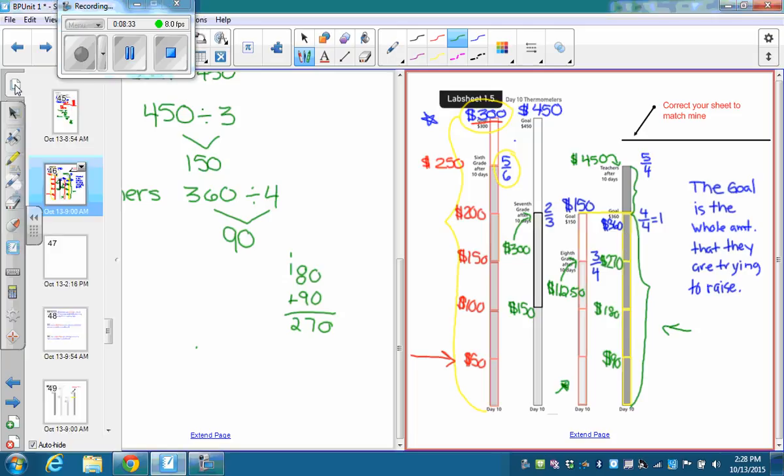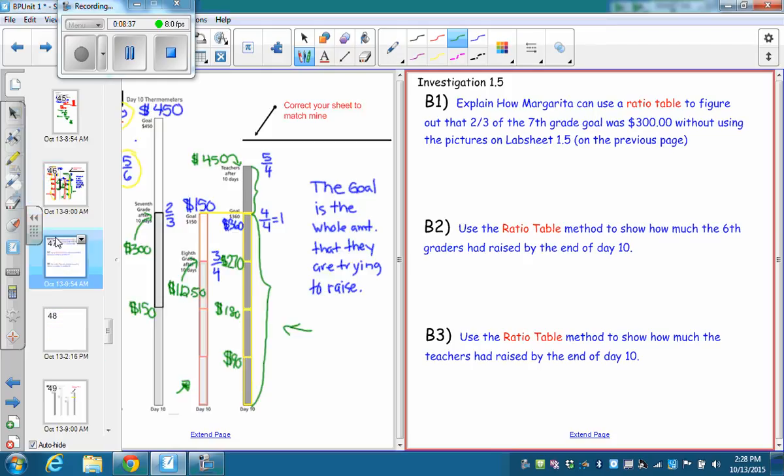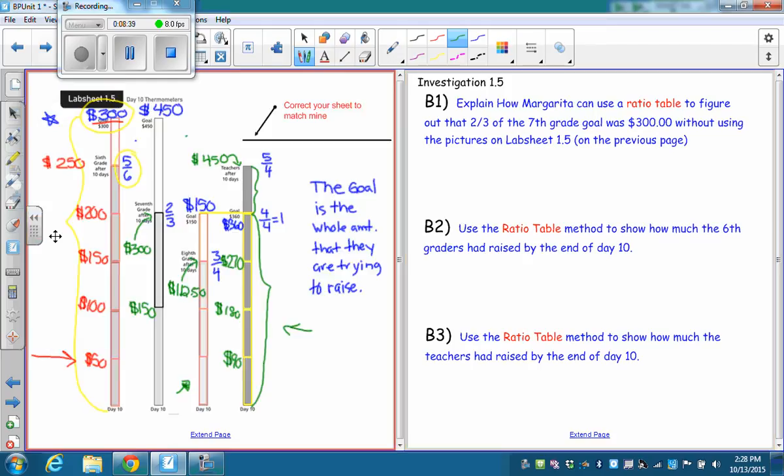So part B, I have written out a little bit different than the book. And guess what? If you can't write this all down, you can get it on the website because I'll post it. It's really the thinking I want you to follow. So they say in part B in your book that Margarita figured out that 2/3 of the 7th grade goal was $300.